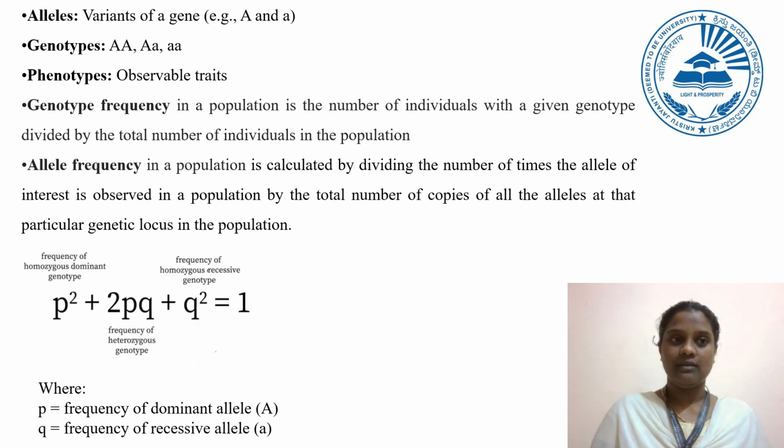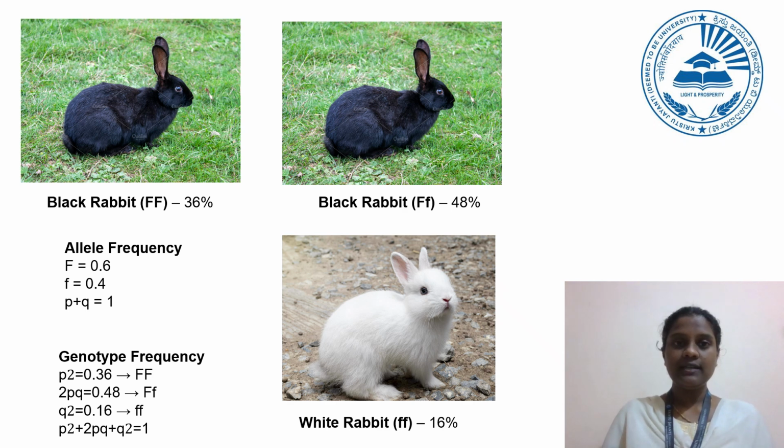To better understand the concept, let's consider a population of rabbits where coat color is determined by a single gene with two alleles. Let's say capital F is the dominant allele responsible for producing a black coat and small f is the recessive allele responsible for producing a white coat.